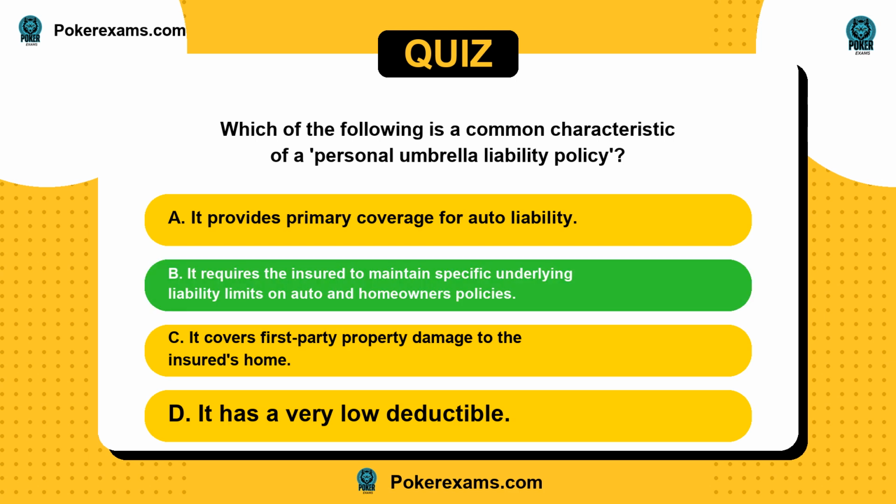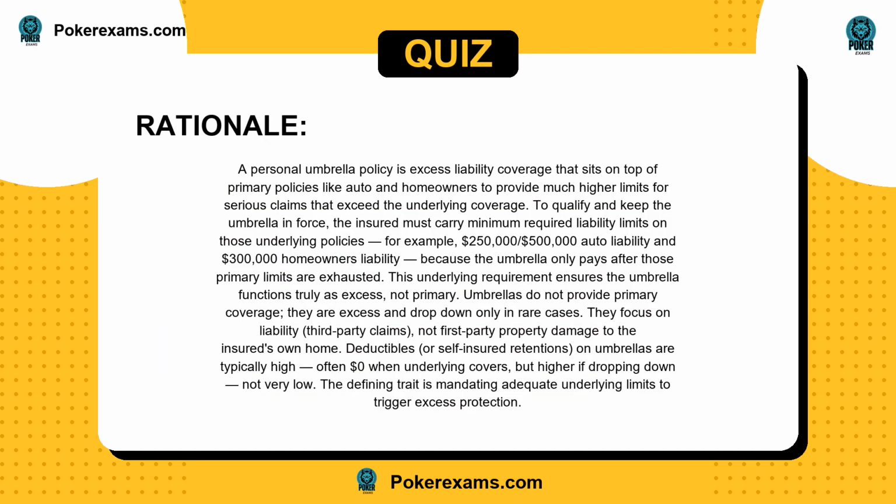The answer is B. A personal umbrella policy is excess liability coverage that sits on top of primary policies like auto and homeowners to provide much higher limits for serious claims that exceed the underlying coverage.